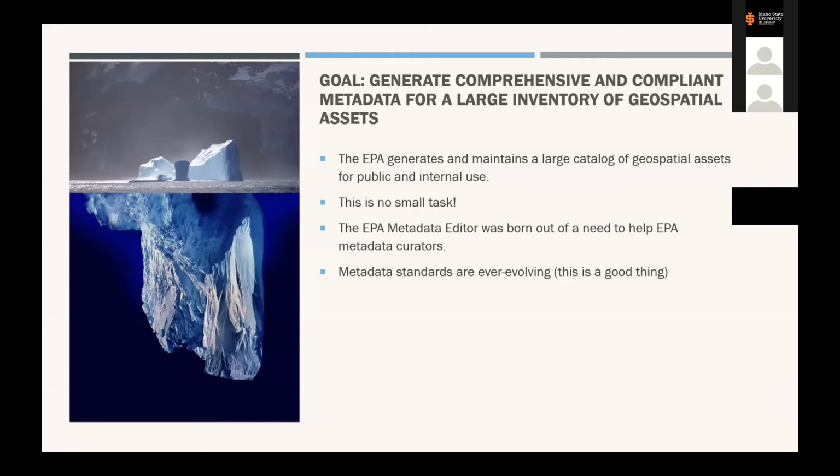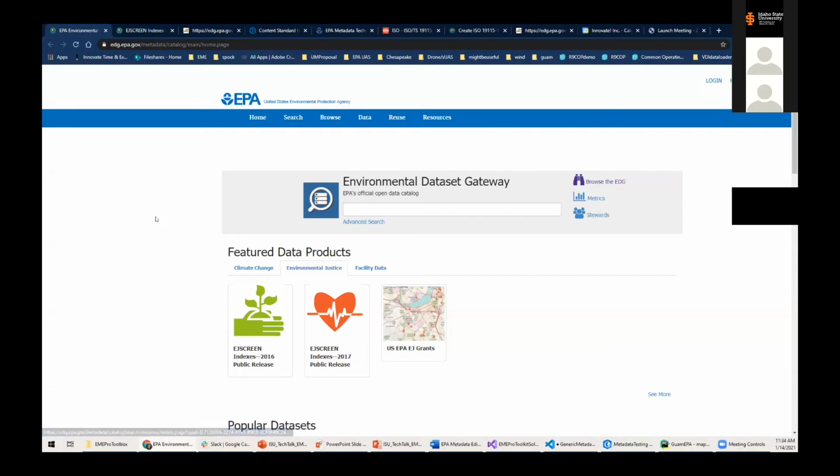What we're tasked with is developing and maintaining the EPA Metadata Editor, which is an ArcGIS Pro add-in or extension that is used by the EPA metadata curators to generate comprehensive and compliant metadata for their large inventory of geospatial assets. One such asset is the Environmental Dataset Gateway, which I can show real quick.